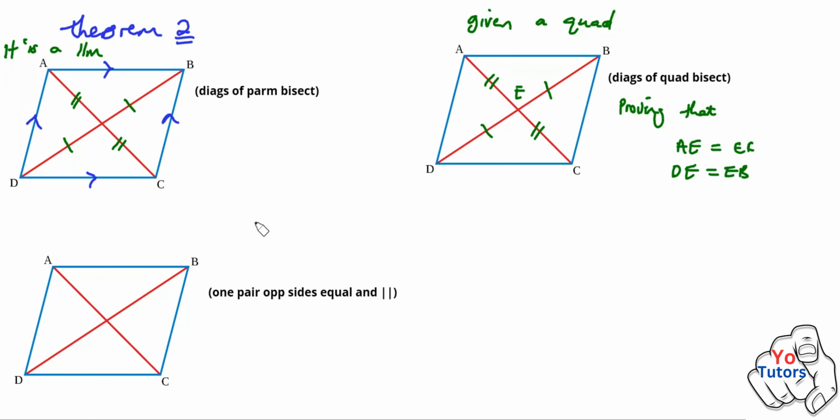Now, what is this last part here? This is actually the last theorem. What does your last theorem say? It says if one pair of opposite sides are equal and parallel, then it is a parallelogram.